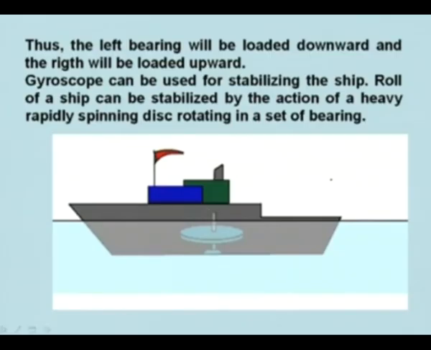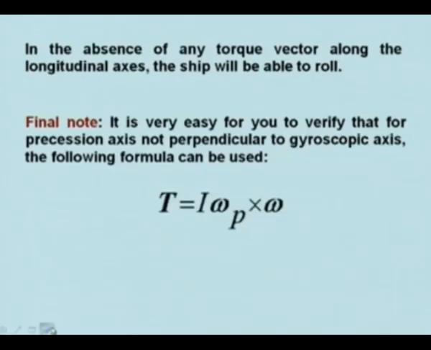Suppose the ship now tilts, so the angular momentum will change. For that there has to be a heavy torque, but that torque cannot be provided. So the ship remains stable. In the absence of any torque vector along the longitudinal axis, the ship will not be able to roll.